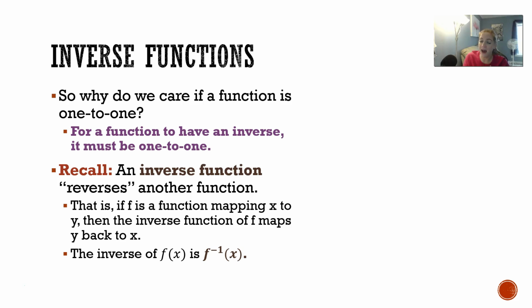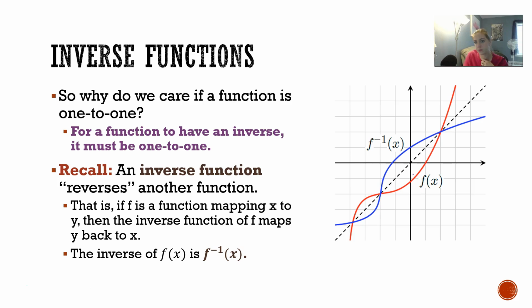So here it would be f, and then you have this -1 exponent, which indicates an inverse. And another fun fact about inverse functions is they actually reflect across the x equals y line. So if you wanted to, you could graph your functions and make sure they're a reflection across the x equals y line.